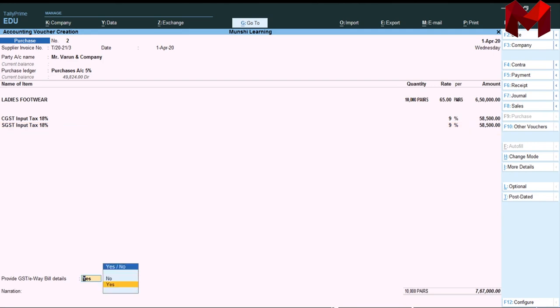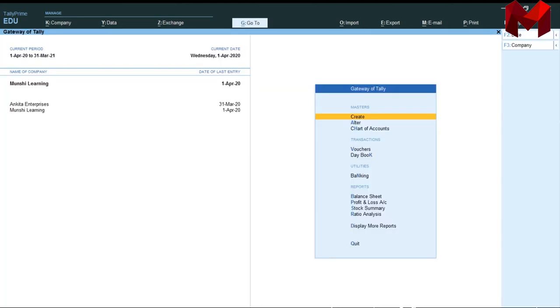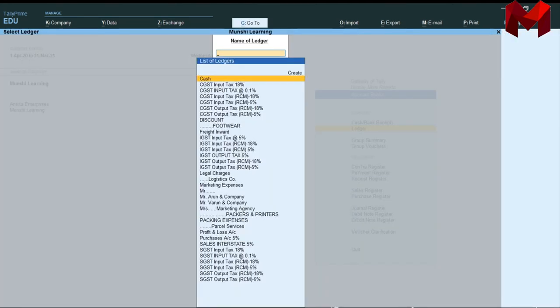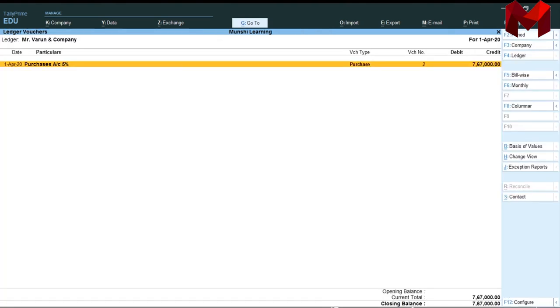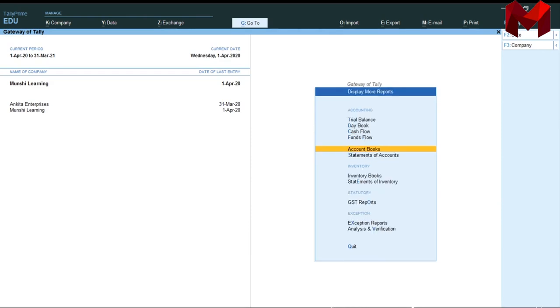The total invoice amount was 7,67,000. Now this entry is entered. Let's see the account of Mr. Varun and Company. The purchases were 7,67,000. Now what we want is to reduce this amount by 50 paisa per piece. That means that 5,000 rupees of purchases will be reduced.